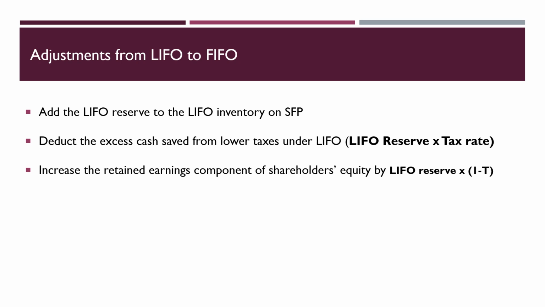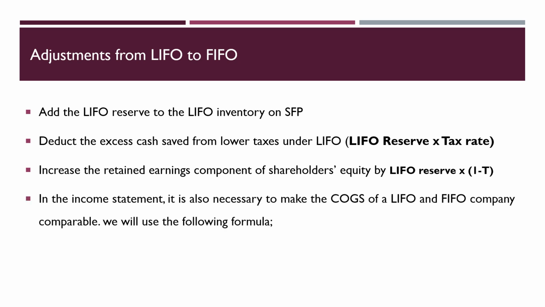Then we have to increase the retained earnings component of the shareholders' equity. Finally, in the income statement, we have to adjust the cost of goods sold to make LIFO and FIFO companies comparable. For that, we can use the following formula.